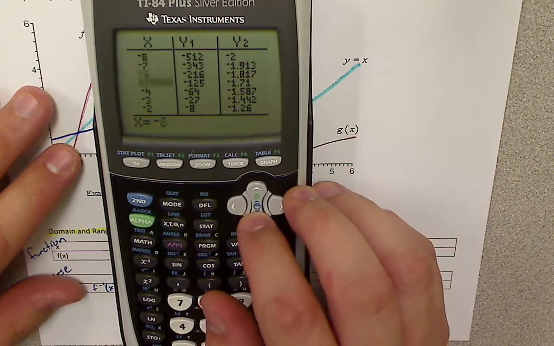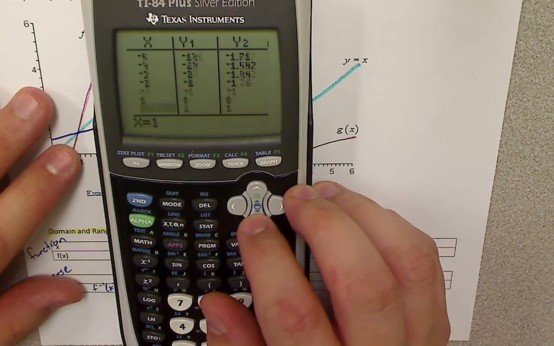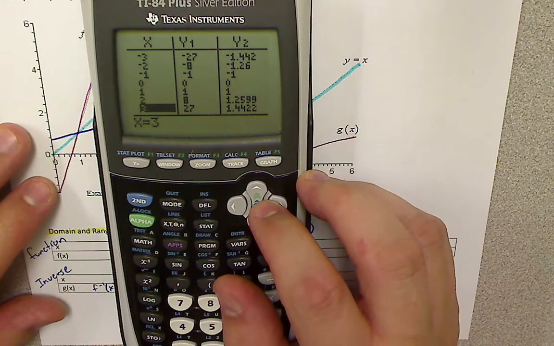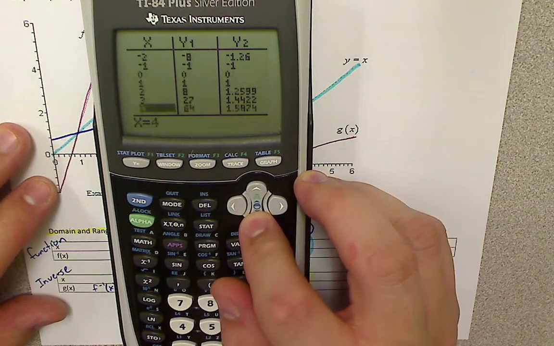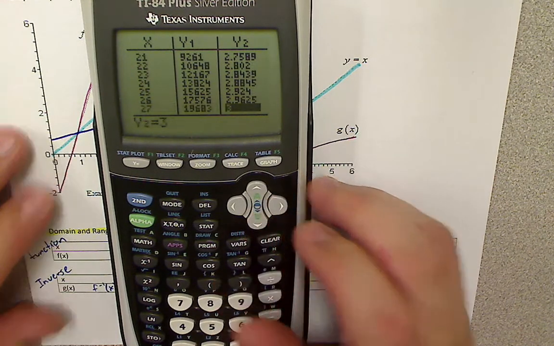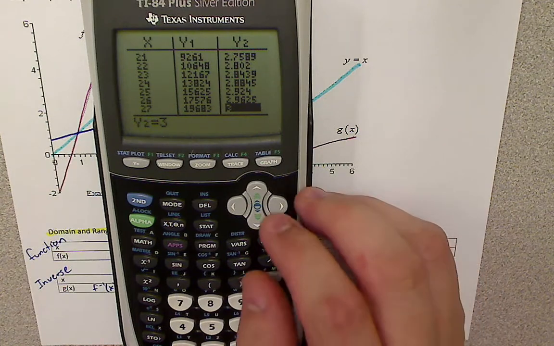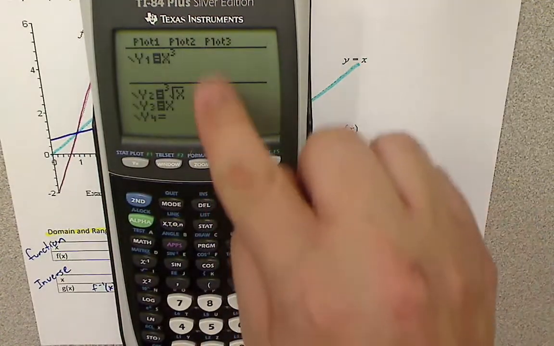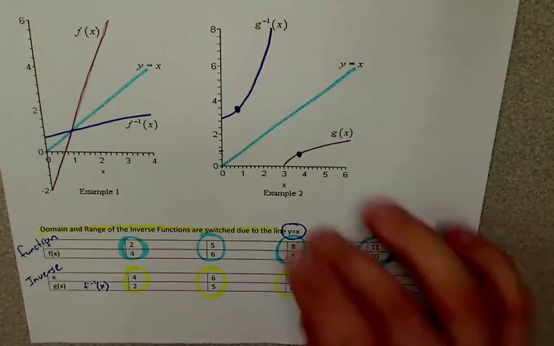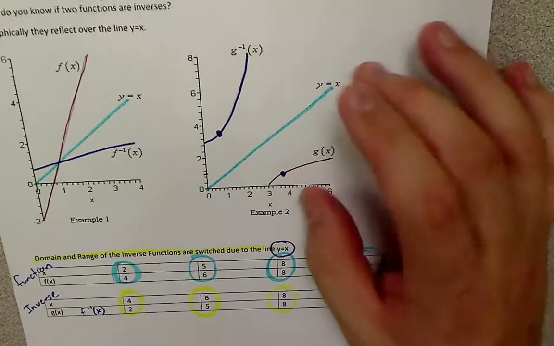And again, if I pick another point, that's 2, 8. Here's 3, 27, right? So if I go to 27 on the x, I should see a 3 on the second guy. There it is. So that means that these two are the inverses of each other by proof of domain and the y equals x line graph here.